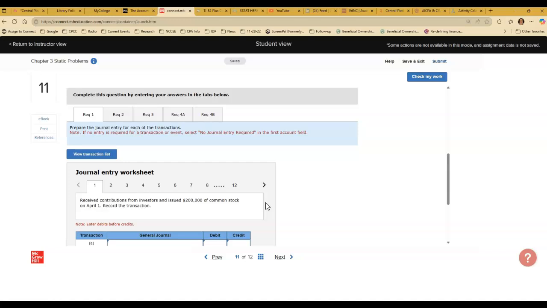The second one is probably going to be the opposite of the correct one. So if you needed to debit cash, it's going to say credit cash, and if you needed to credit revenue, it's going to debit revenue. So it's going to be opposite, and hopefully that one is out. And then of the other two, one's going to be the correct one, and one's going to look awfully close.